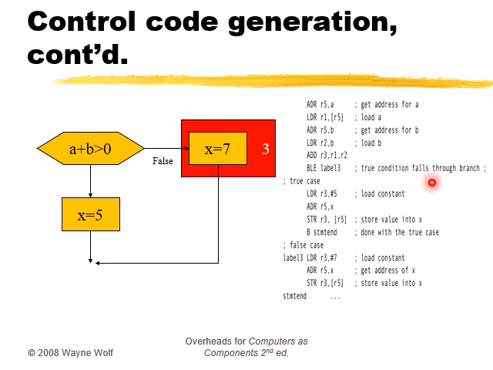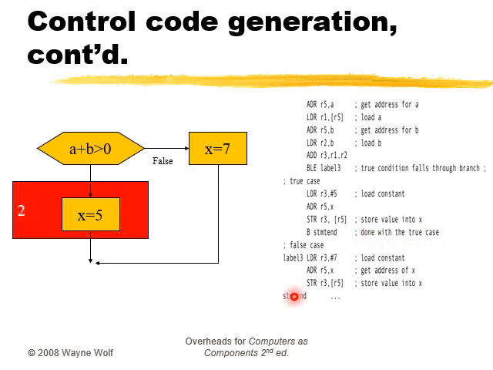True condition falls through, false condition branches. In the true case, we are going to load a constant, then store this value into X, and then we are done with the true case, and we come here because we have the next statement and are done.